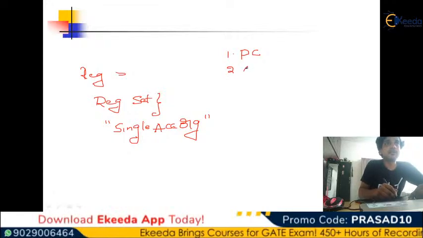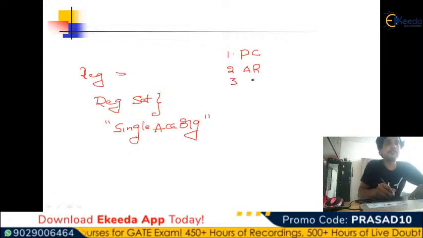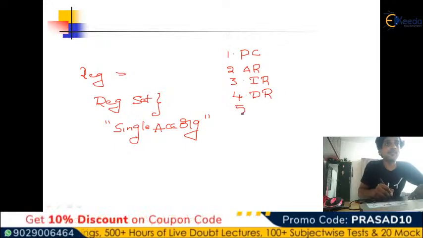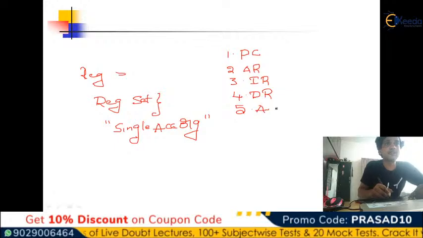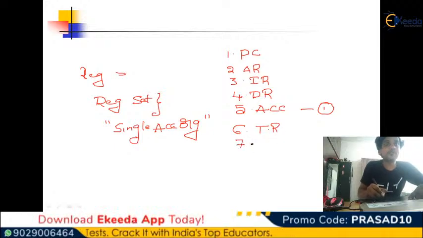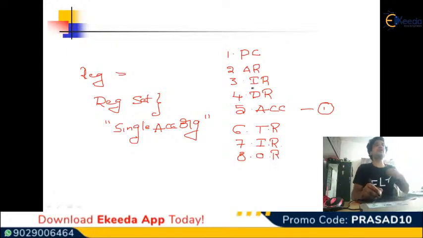Second is an address register, third is an instruction register, fourth is a data register. Fifth is an accumulator. This is an important one. Sixth is a temporary register. Seventh is an input register, and eighth is an output register. These are the registers that are available in a single accumulator organization.